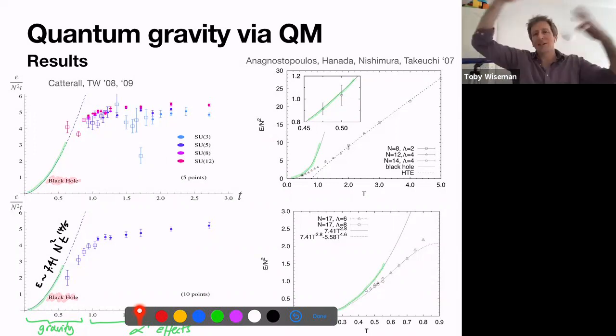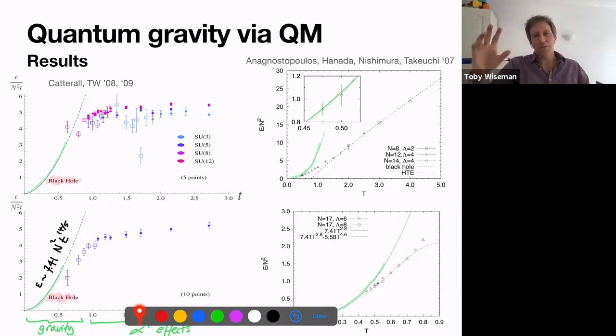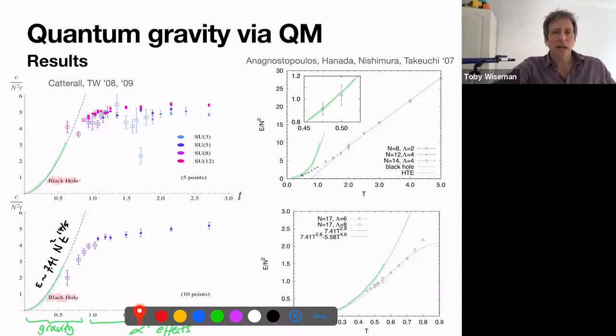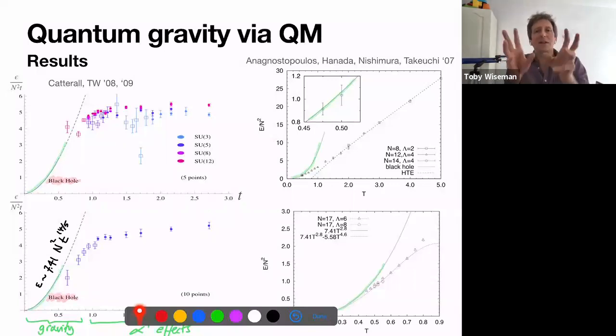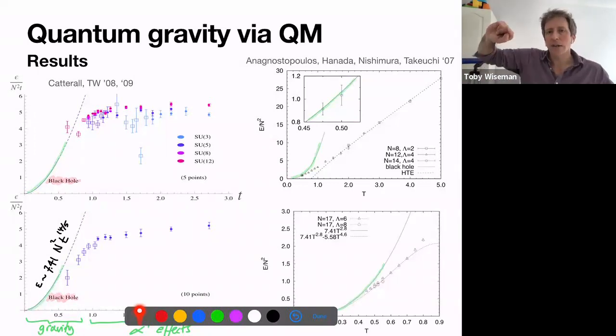The true configurations that dominate the partition function are something else. And the Monte Carlo method is exploring all configurations, so eventually it will start to find these other configurations. What you see on the lattice is that the eigenvalues of these scalars tell you roughly where the D-branes are. You can think of them in that sense, roughly speaking. It's not precise. And when you're simulating your configurations, you see that the eigenvalues are all tightly bunched together for all the configurations you're generating. But if you run for a very long time, at some point, one of the eigenvalues suddenly wanders off and becomes large compared to all the others.